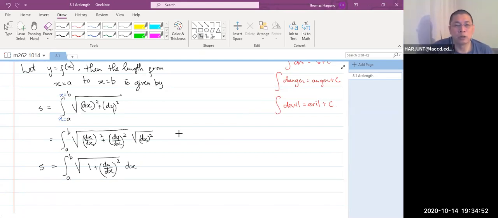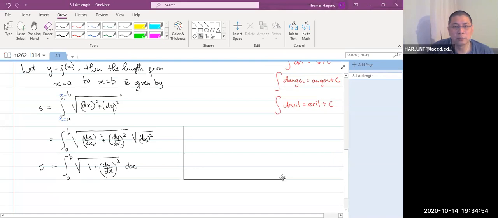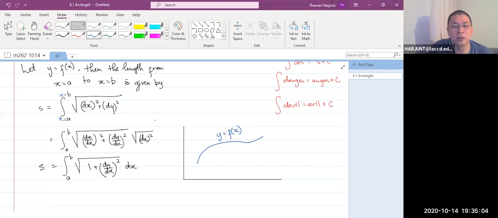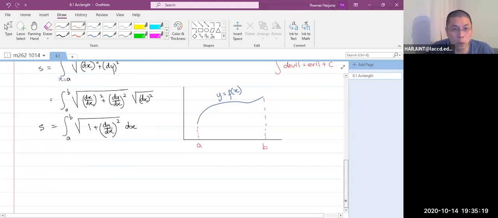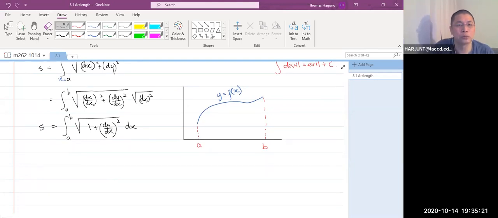Okay, let me draw the situation again. The function is given as y equals f(x), and the interval is on x from a to b. Then we will use this formula. Suppose I change the issue.